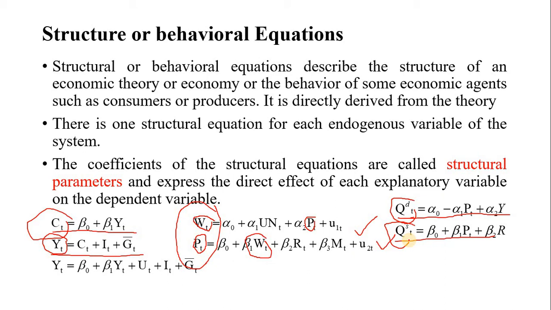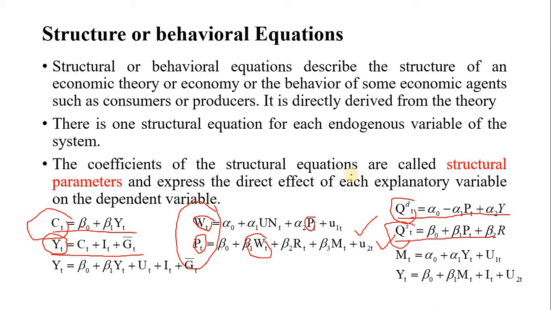Okay, then if you take money supply and GDP, here also we can see that for each endogenous variable there is one equation. This is what is called structural equations. Okay, then in a structural equation we can see parameters. This beta 0, beta 1, then alpha 0, alpha 1, beta 0, beta 1, alpha 0, beta 0, all these are called the structural parameters.